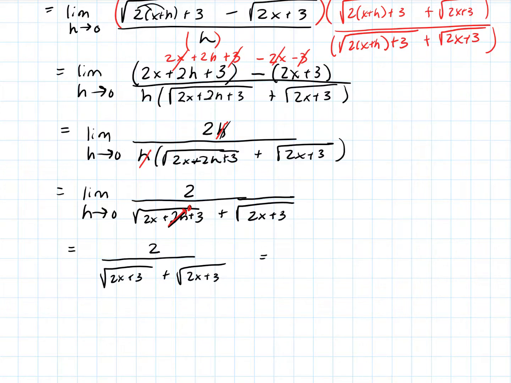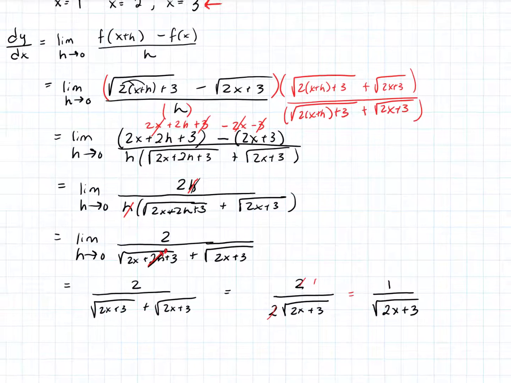And so this ends up being 2 over 2 times the square root of 2x plus 3. And these 2's are going to reduce, and I'm going to end up with 1 over the square root of 2x plus 3.